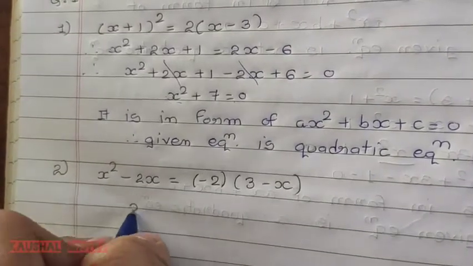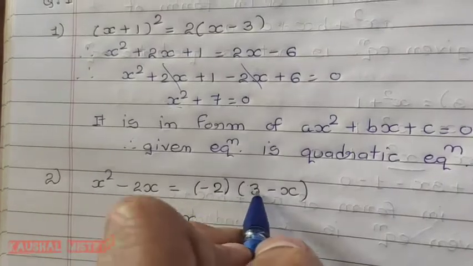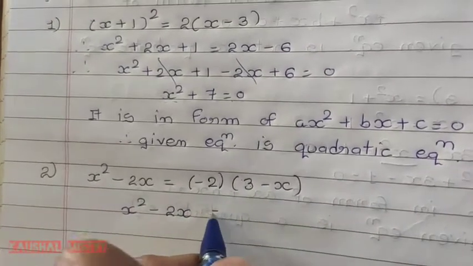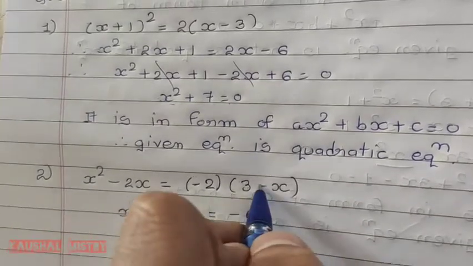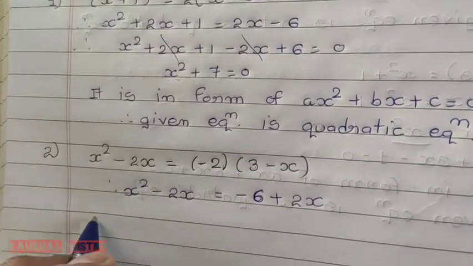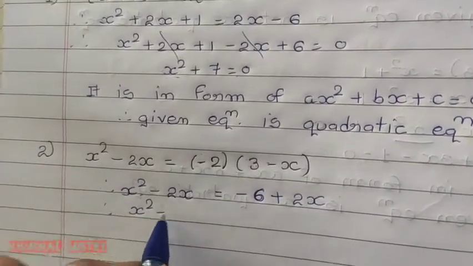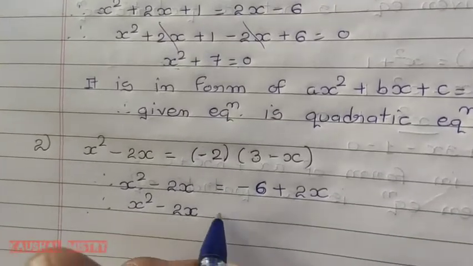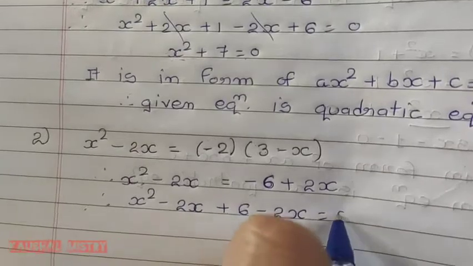Now here it is x square minus 2x. If we multiply 2 by 3 we get 6, and minus into minus is plus, that is 2x. We will take this on one side, so x square minus 2x plus 6 minus 2x is equal to 0.